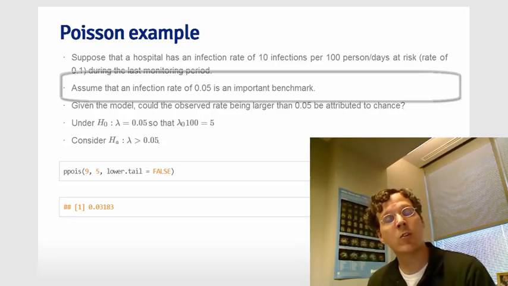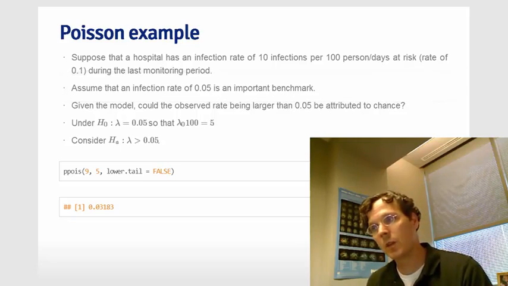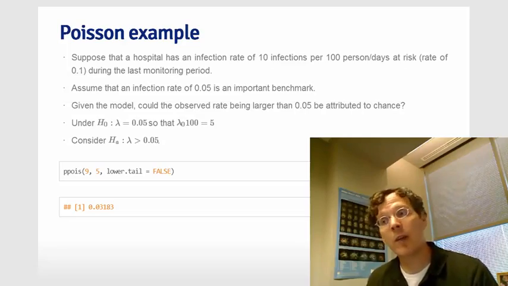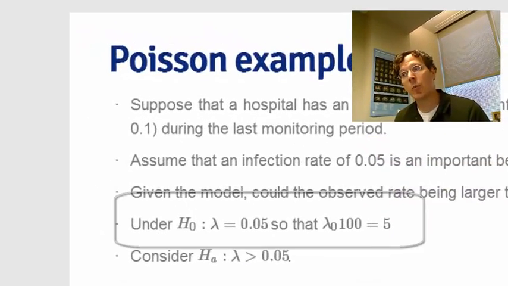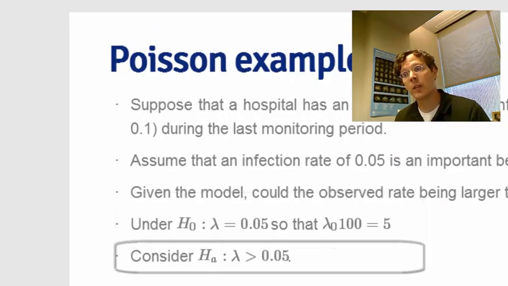And here we're going to assume that the number of infections is Poisson. Well, the null hypothesis then is that lambda is 0.05 versus the alternative that lambda is greater than 0.05.